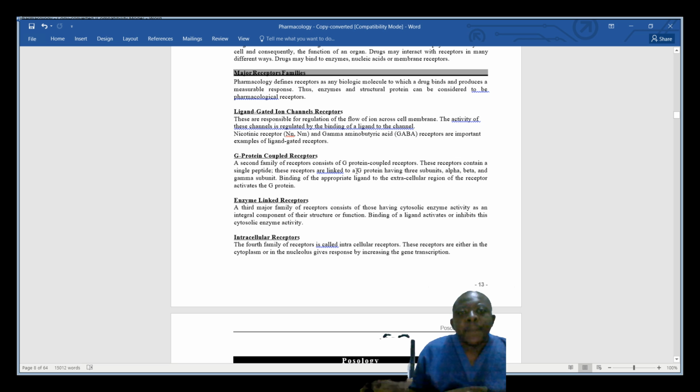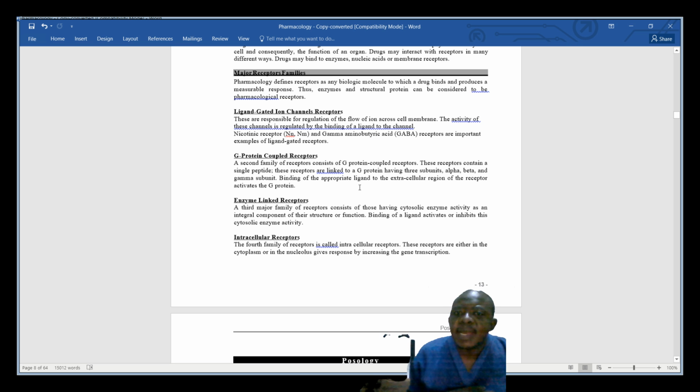Now, apart from these, we have other receptors, which are G protein coupled receptors. So a second family of receptors consists of the G protein coupled receptors. These receptors contain a single peptide. These receptors are linked to a G protein having three subunits, that is alpha, beta, and gamma subunits.